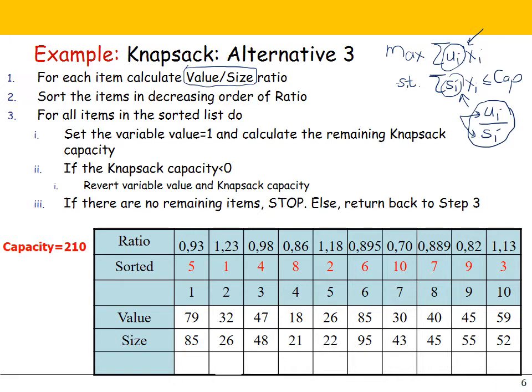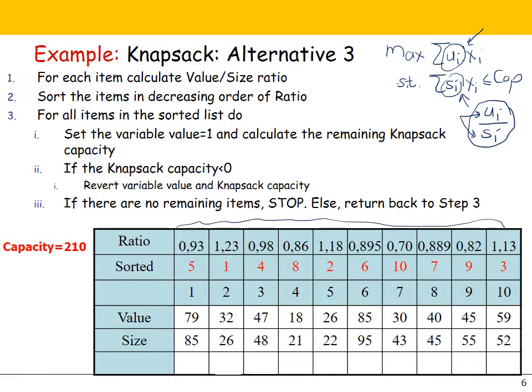Okay, so how do we calculate it? Let's have a look at item 1 here. The value of item 1 is 79 and the size of item 1 is 85. So we divide 79 by 85 and we find this ratio over here, which is 0.93. For each of these items, we calculate these ratios, and those ratios are given in this column over here.